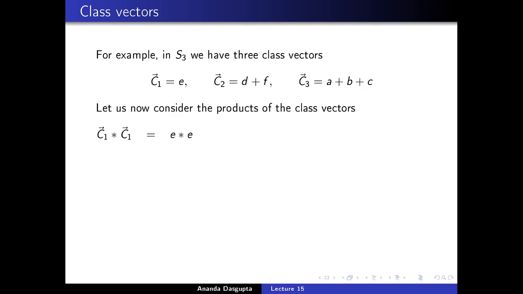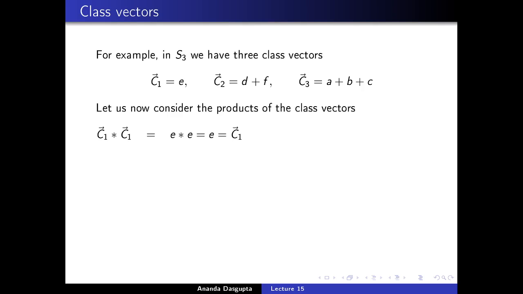When we multiply C1 vector by C1 vector, it's just E star E, and that of course is the identity. So C1 vector multiplied by C1 vector just gives me back C1 vector. So that was very, very simple. And it's easy to see that when you multiply C1 vector by C2 vector, you are going to get C2 vector back. Multiplying C1 vector by C3 vector will give you C3 vector back.